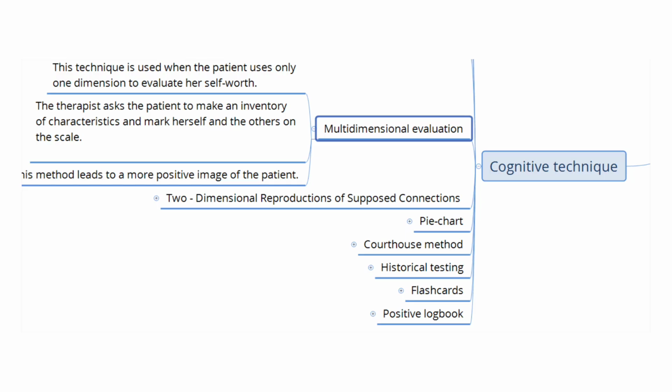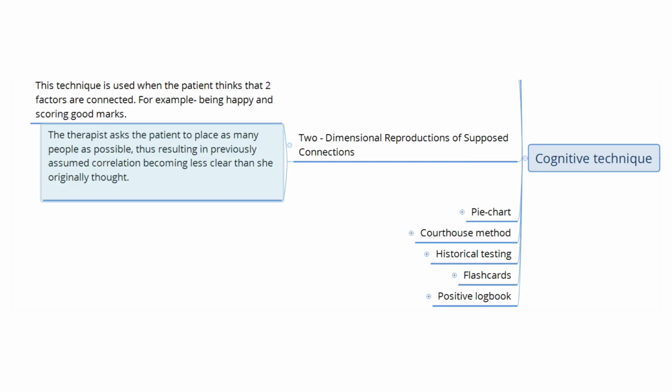Once the patient has marked other people on the scale, the therapist asks her to mark herself. This method is usually successful and the patient ends up with a much more positive self-image than she started out with. The next technique is two-dimensional reproduction of supposed connections.